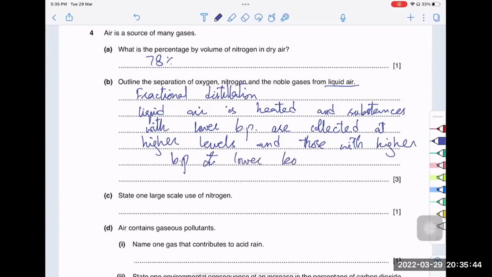That's how you get it, right? So you have to just identify that this is based on boiling point, and the name is fractional distillation.